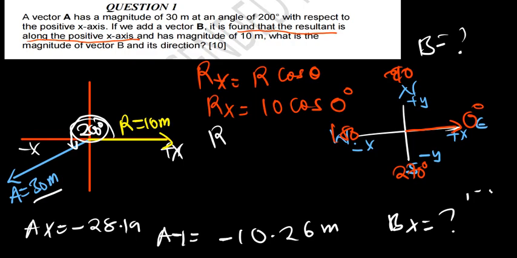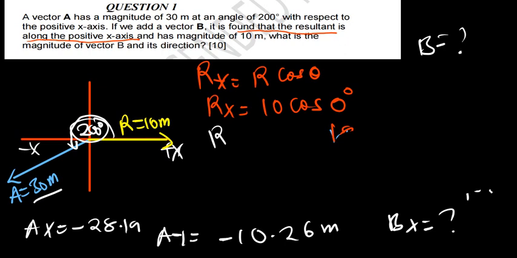So now, in this case, this is another principle. I'm going to explain everything you need to know under vectors. My Rx in this case is 10 cos 0. 10 cos 0 is 10, meaning my Rx is just 10 meters.